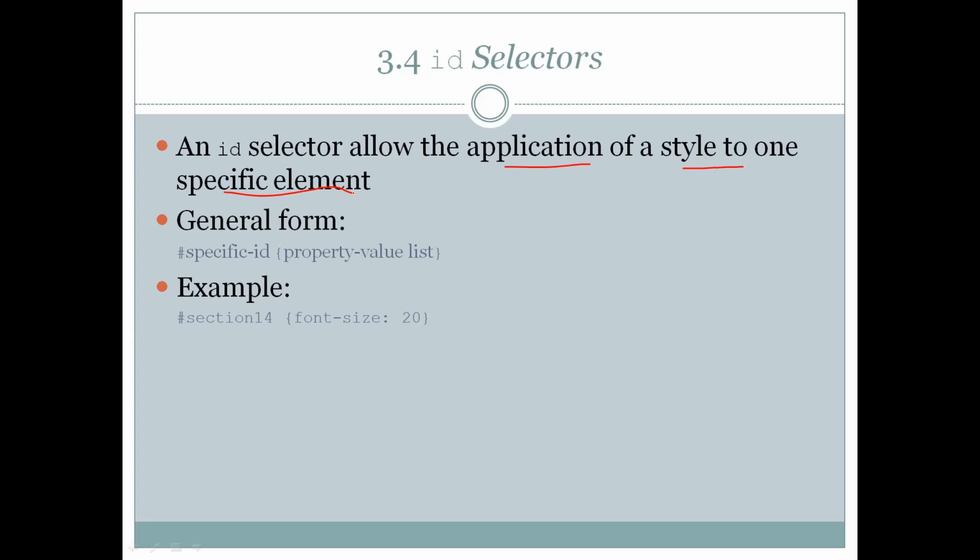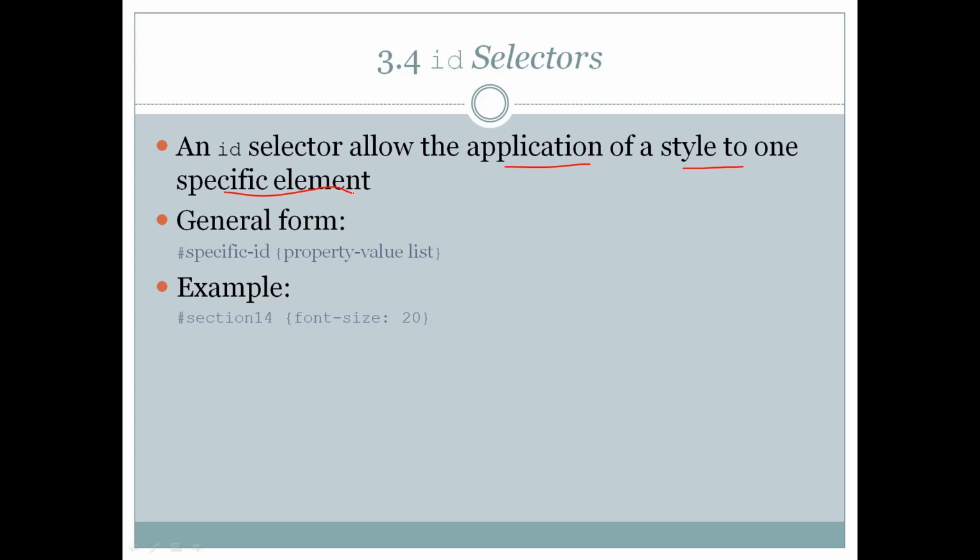We have seen a generic selector, which can be applied to any number of tags. A class selector can be applied to a tag which contains that particular class. Simple selectors are applied to all the tags specified in the selector. But an ID selector can be applied to a particular tag which appears in the HTML document.